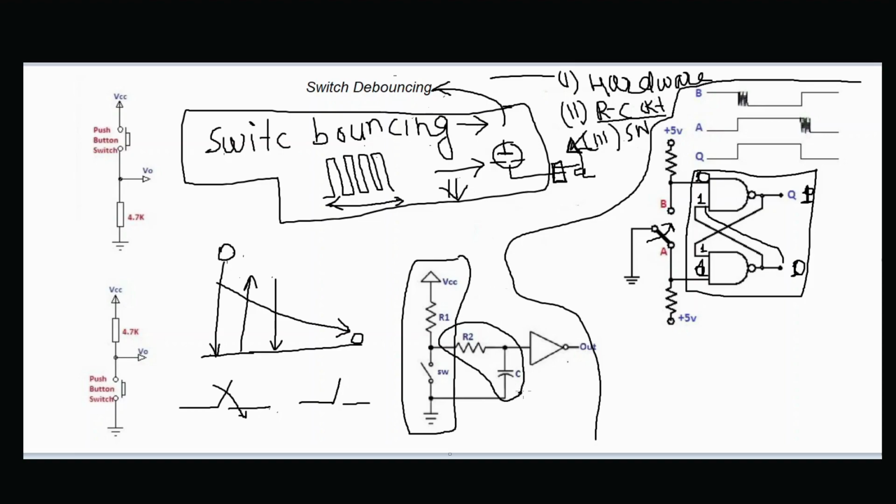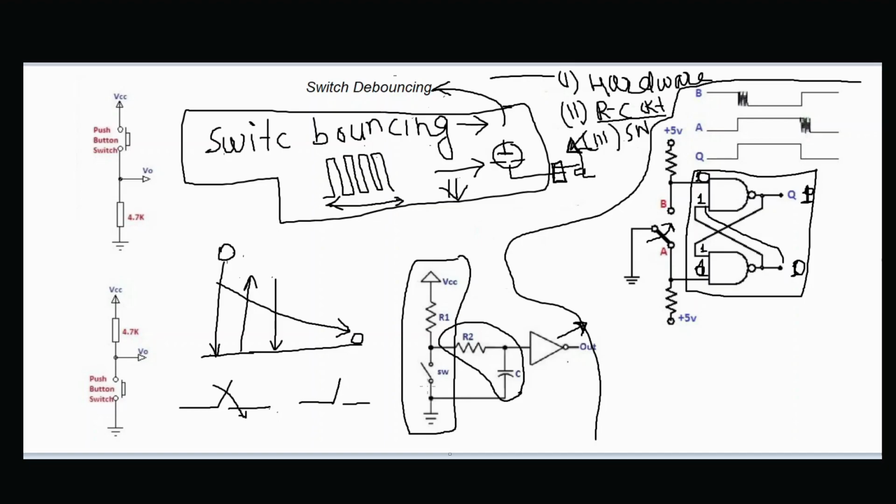So what will the capacitor do? The capacitor will prevent these quick changes in the switch signal. And this is my inverter. You can take a Schmitt trigger inverter, and it will also prevent hysteresis. That is why you can use that.